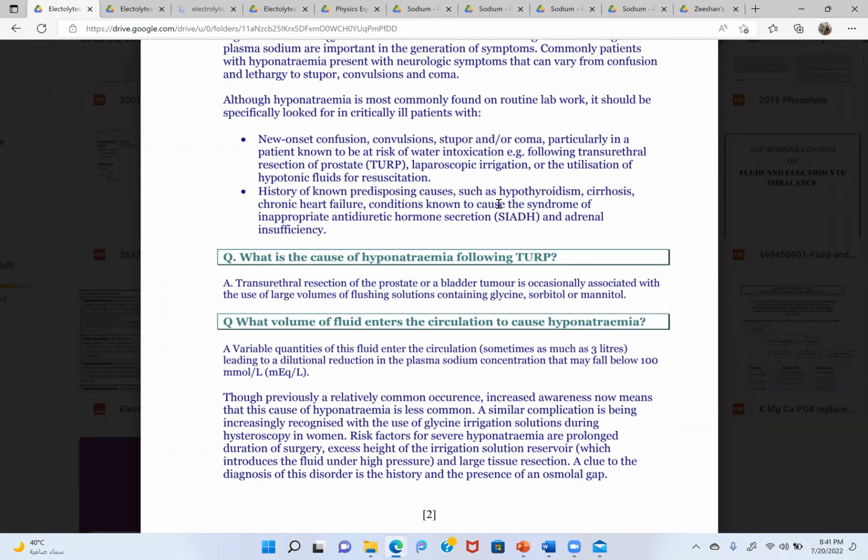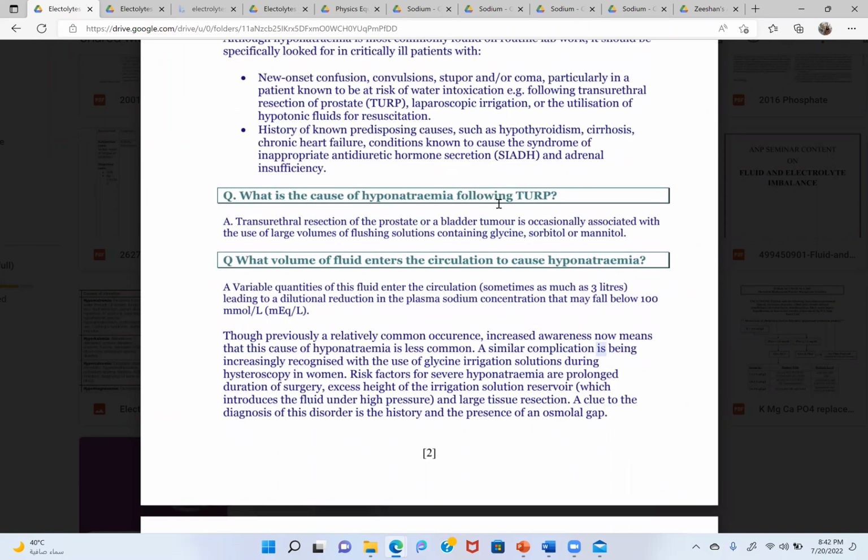So they are using this glycine, sorbitol, mannitol. Okay. So it is being absorbed, and it will not only result in hyponatremia, it will cause signs of volume overload as well. Okay.